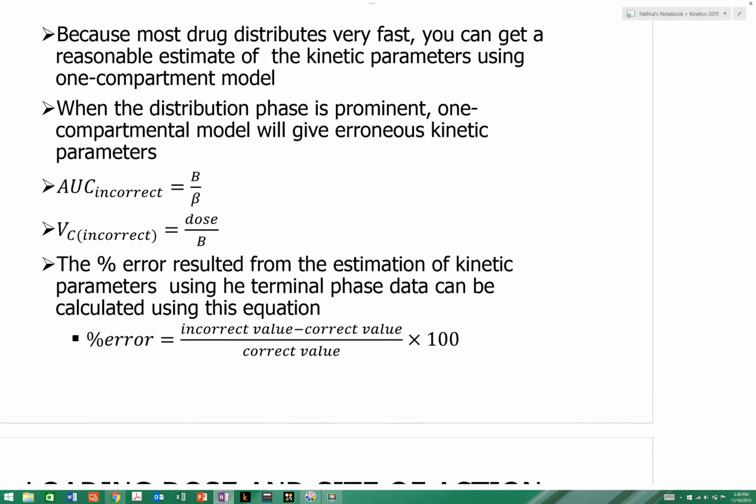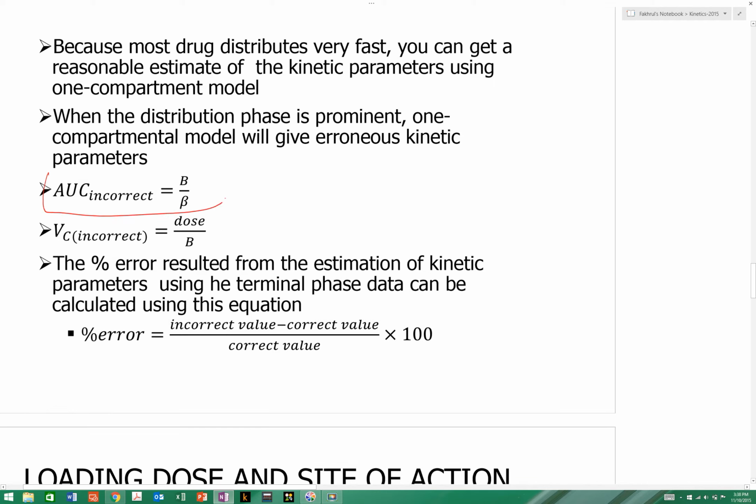If we do not consider this part, A by alpha, the correct AUC is A by alpha plus B by beta. So if you do not consider this, then this would be called incorrect AUC. And the same is the case for volume of distribution.